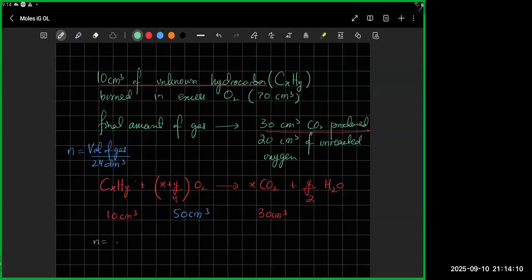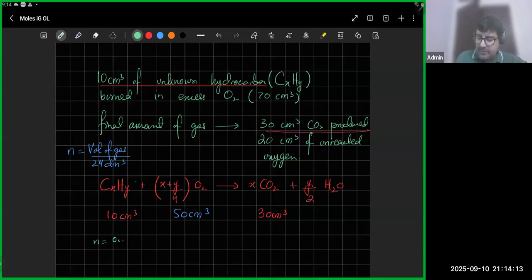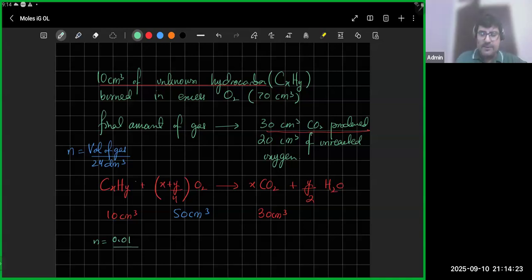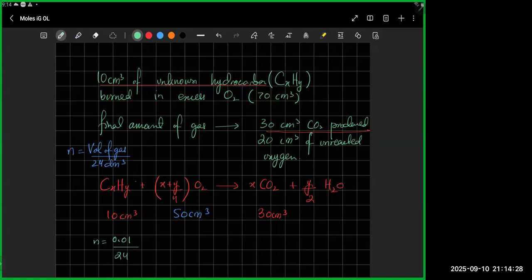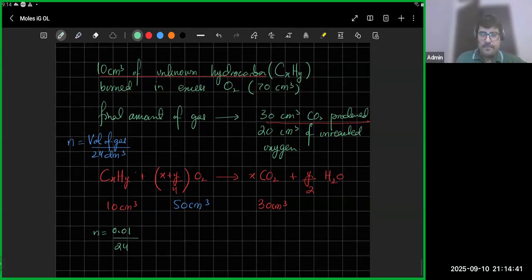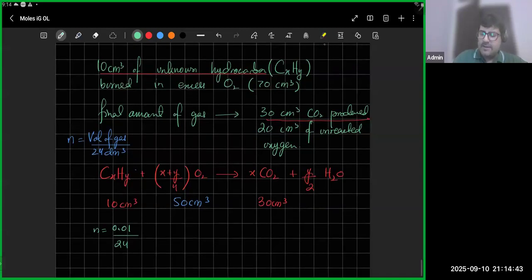The moles of hydrocarbon would be 10 cm cube, but it should be in dm cube, which is 0.01. How do you convert cm cube into dm cube? You divide by 1000. So that gives you 0.01, and divide by 24. The formula for moles of gases is volume of gas divided by 24 dm cube.